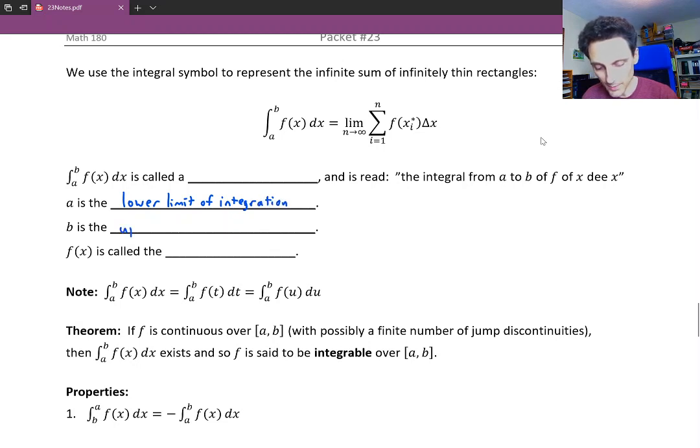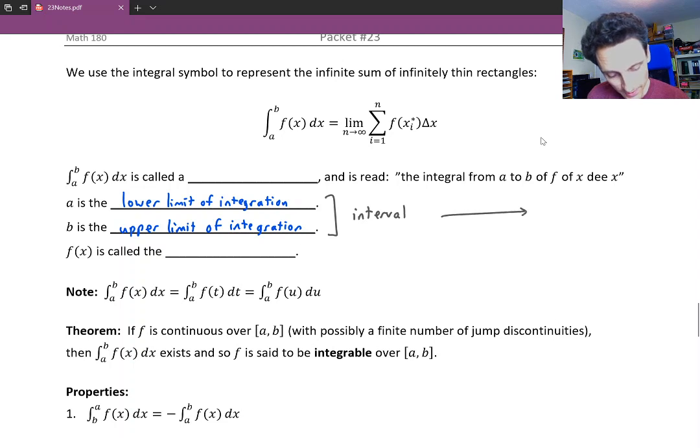And B is the upper limit of integration. This together is the interval over which you're computing the net area.